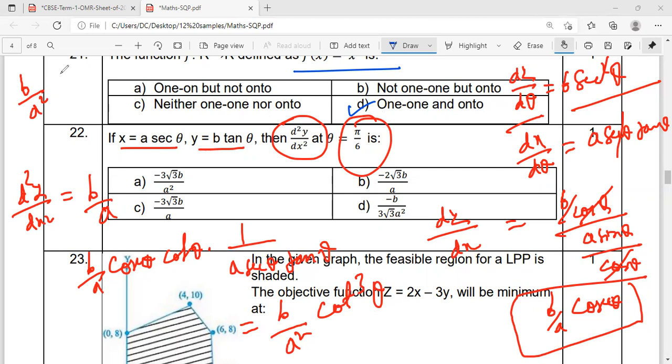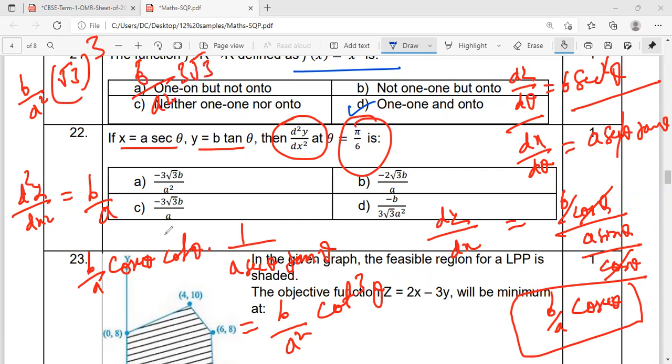And tan 30 is 1 by root 3, so cot 30 should be root 3. Root 3 cube means 3 root 3, right? So b by a square into 3 root 3. Did we have some negative sign?